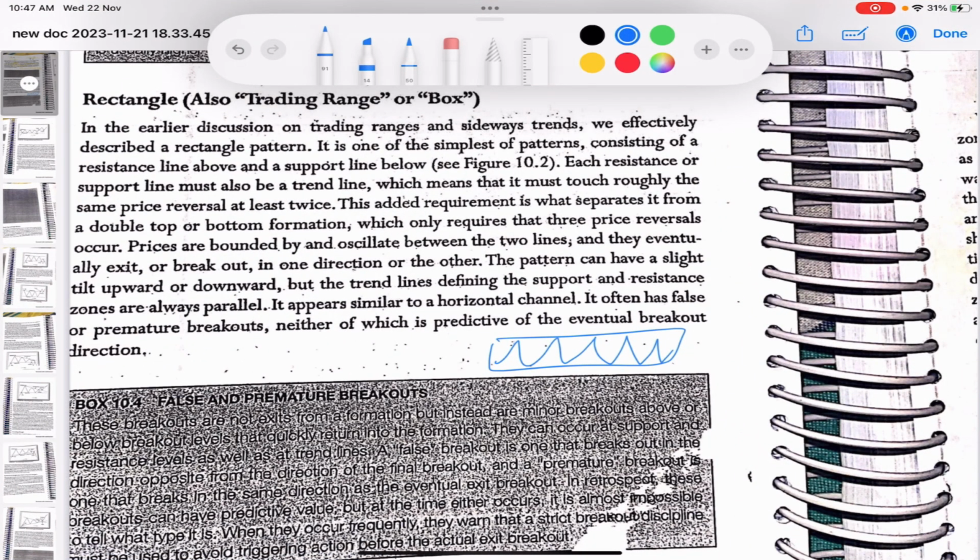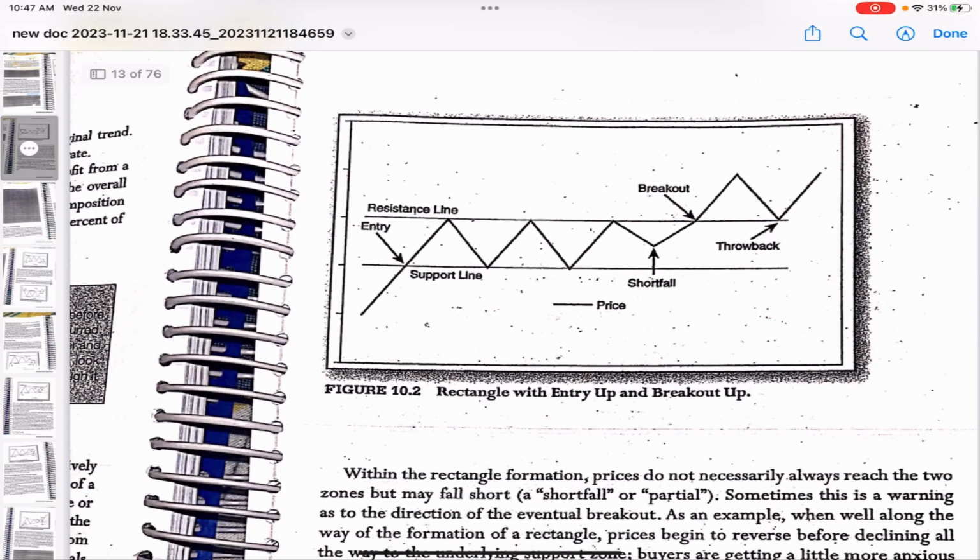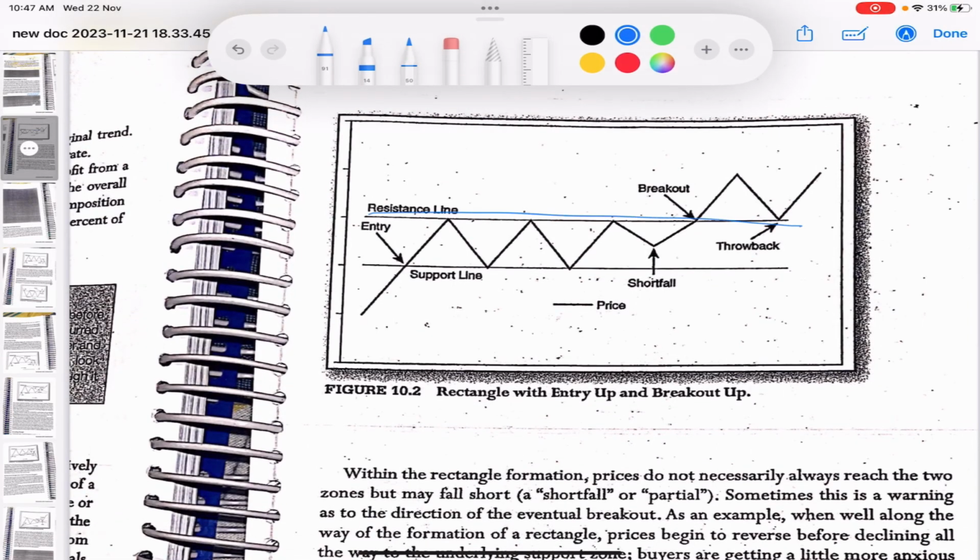Now, what exactly is the meaning of rectangle is that rectangles are bounded above and below. That you need to keep in mind. And if you look at this, this is the resistance line, this is the support line, and you can enter over here if you want to. The price is oscillating here, and here is the last thing where it failed to touch the previous low.